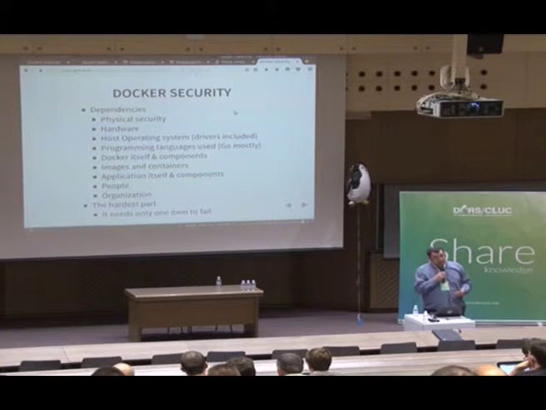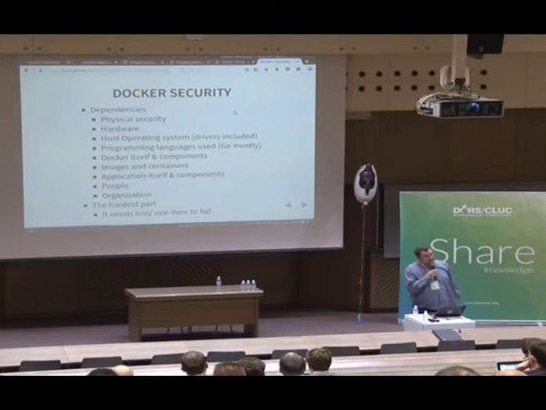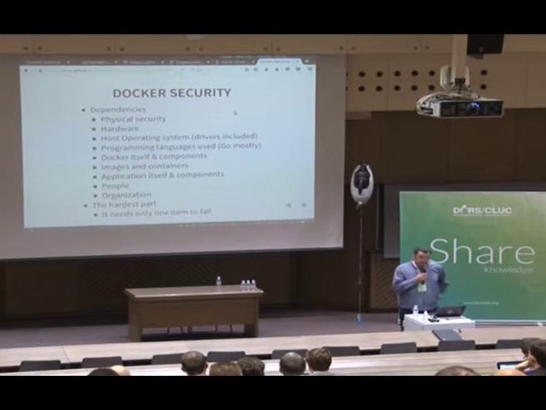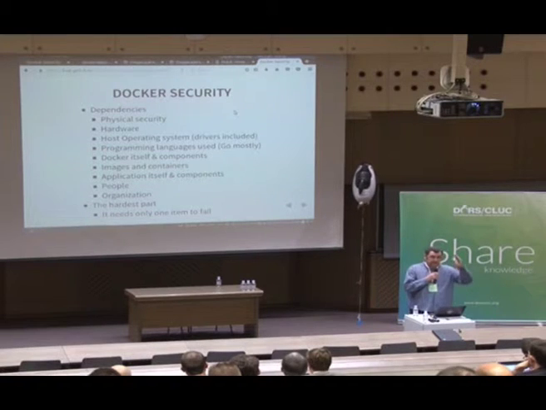And of course on people and organization. We will talk only about Docker and its surroundings, not about people, organization, hardware, physical security, and so on. The problem is to get everything right. You can do everything right on some of the levels, but forget something on the other levels, and then everything fails. That's why security must work on all these layers, and that's why it's hard.